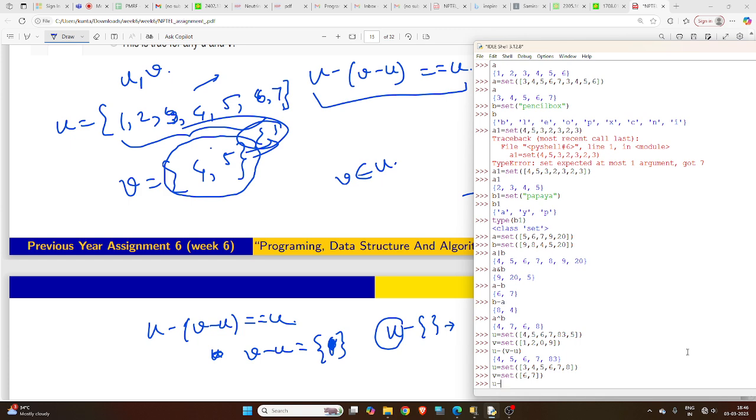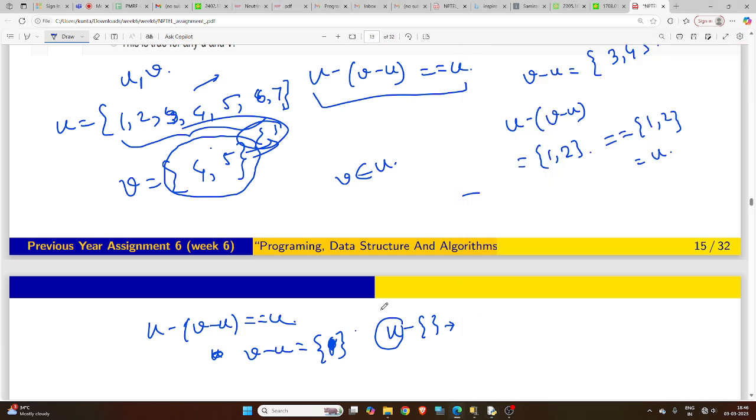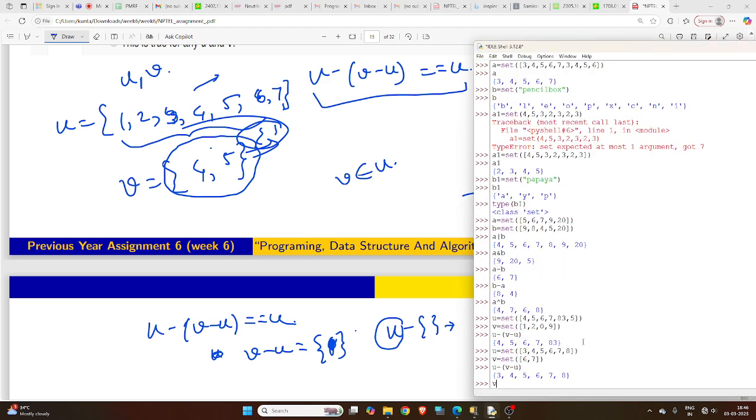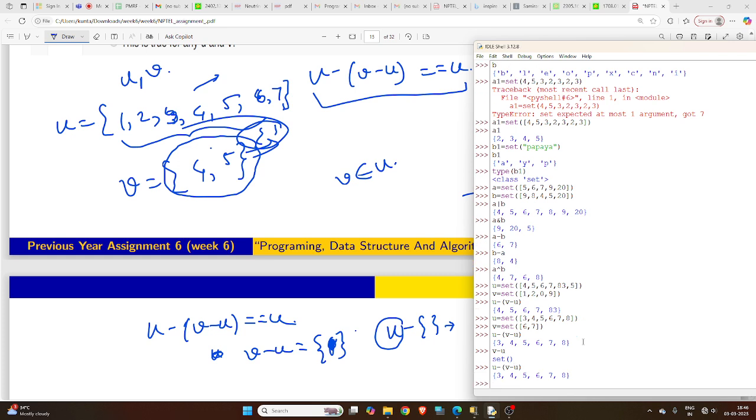Then U minus (V minus U) gives 3, 4, 5, 6, 7, 8. Yeah, that is also true. You can see here V minus U is the null set because there is nothing other than common elements. But U minus (V minus U) will give us a result which is exactly U. So that is also true.